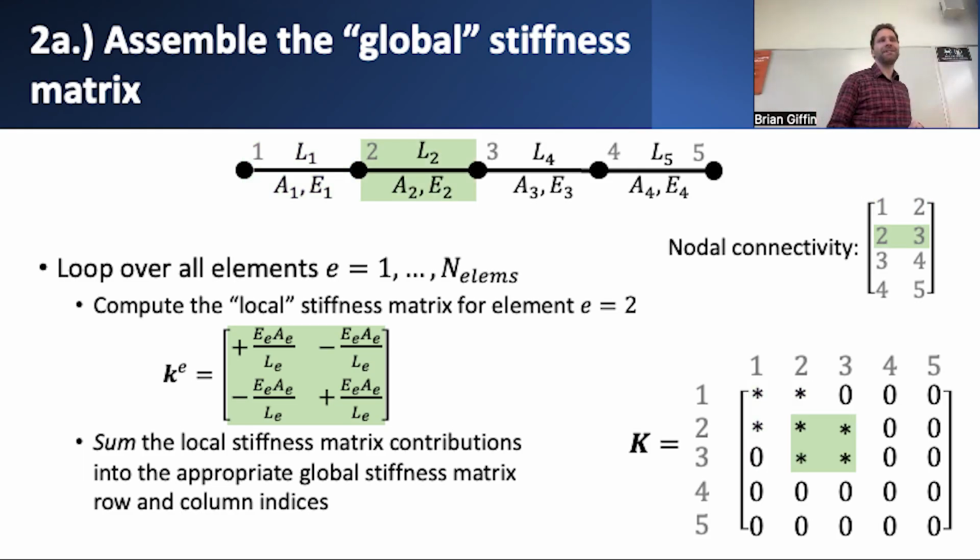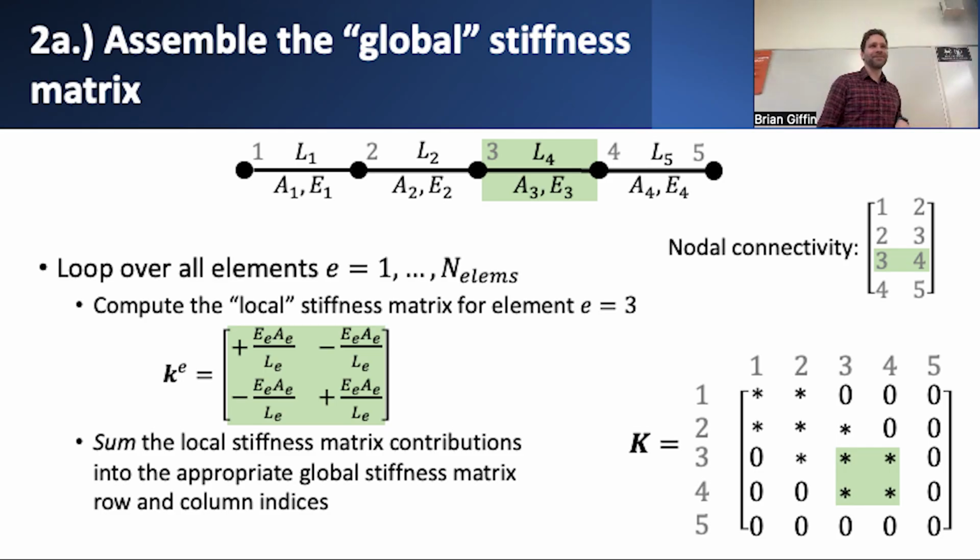Similarly, if I go to element number 2, which has nodes 2 and 3, then this small 2x2 stiffness matrix entry would get summed into the corresponding rows and columns 2 and 3. Fairly straightforward. And that continues for obviously elements 3 and 4.